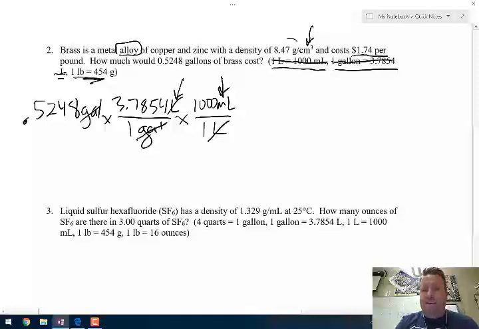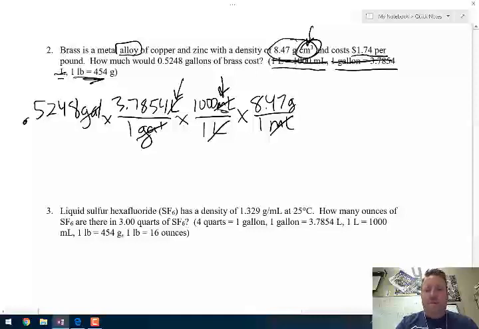This density says 8.47 grams per cubic centimeter, which means there's 8.47 grams in 1 cubic centimeter. So if I have milliliters here, I can put milliliters down here, which is the same thing. In 1 milliliter, there are 8.47 grams. Then my milliliters are going to cancel, and now I have grams.